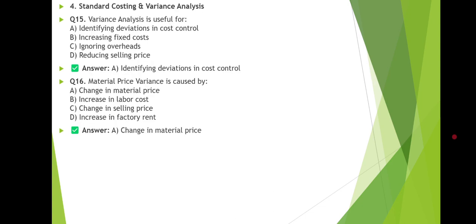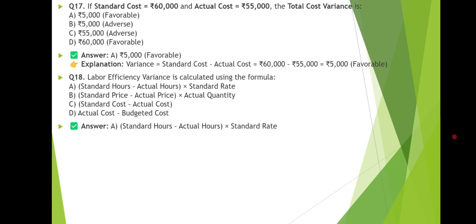Next topic we have is standard costing and variance analysis. Basically, variance analysis is used for identifying deviation in cost control. Next question we have, material price variance is caused by, and the right answer is change in material price.